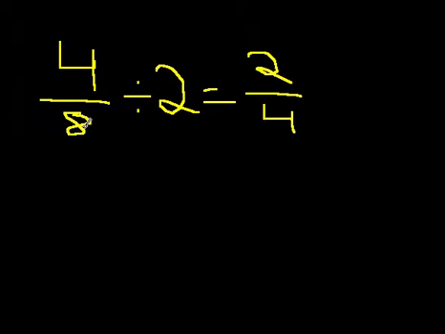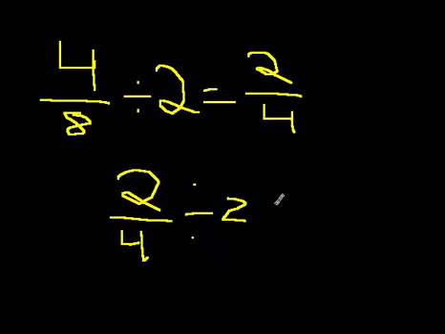So 4/8 is equal to 2/4. But you can also simplify it further by saying 2/4 divided by 2 again equals 1/2. So 4/8, 2/4, and 1/2 are equal.